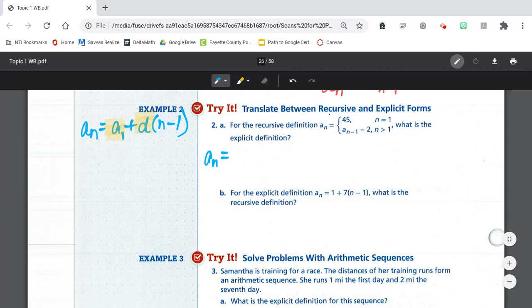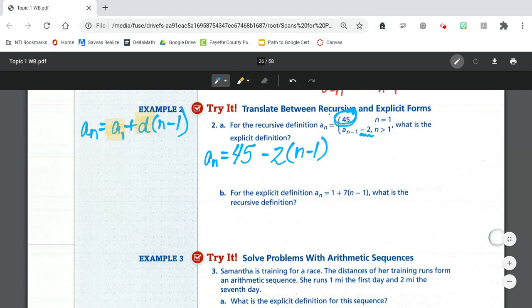Okay, so my first term, I can pull from the recursive definition right there. It's 45. Because in the recursive definition, that's where we always find the first term. Plus, now I have to look and see what the common difference is. Well, the common difference in the recursive definition is right there. So instead of plus, I'll do 45 minus 2 times n minus 1.